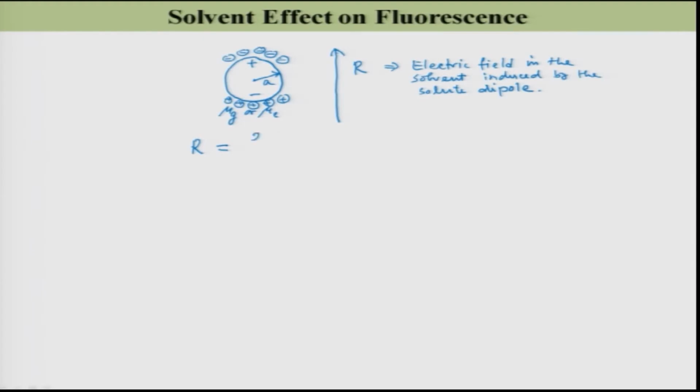R is written as twice mu by A cube into F, where F is the polarizability of the solvent, and A is the radius of the cavity, that means comparable to the size of the molecule.